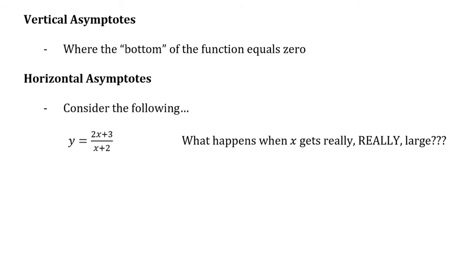They are relatively easy to find, so we don't really need to do any teaching on that or any exploring that. They just happen when the denominator is 0. And we saw that yesterday with reciprocal functions, where when we took the reciprocal of an x-intercept, which is 0, you get 1 over 0, which is undefined, and you can't do that, right? So we saw that kind of yesterday, and it's going to be the same today.